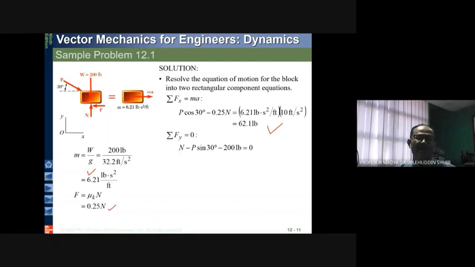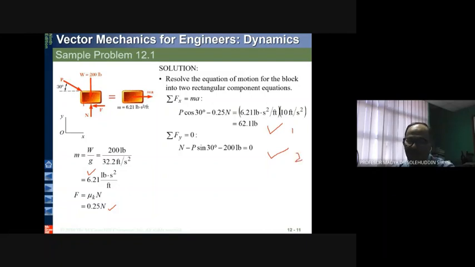For the Y direction, we have N minus 200 pound minus P sine 30, equal to 0. So we have these two equations, and I name this one equation 1 and this equation 2.